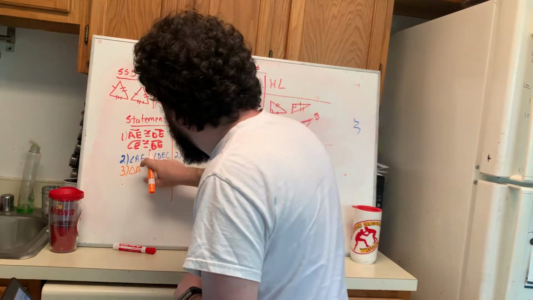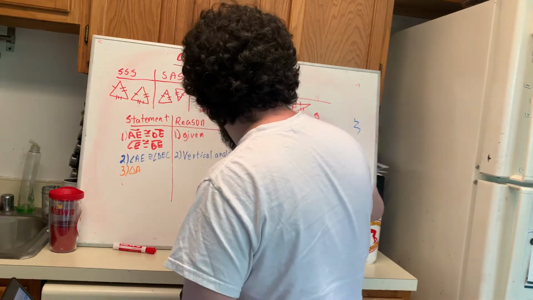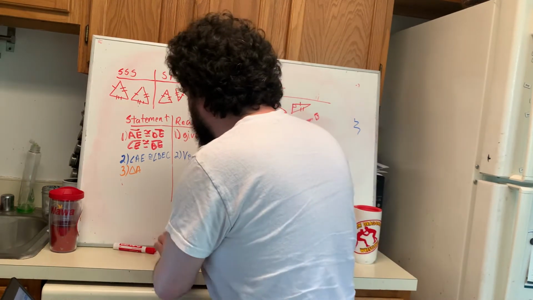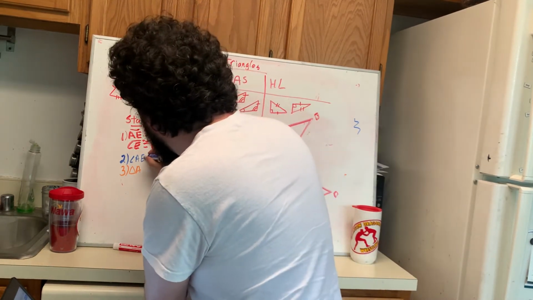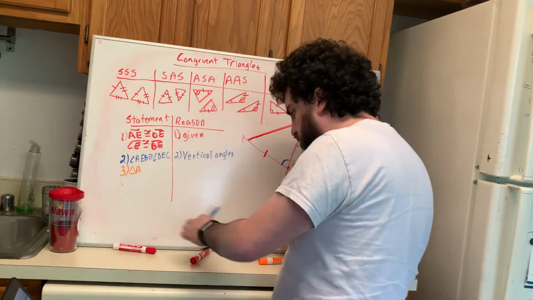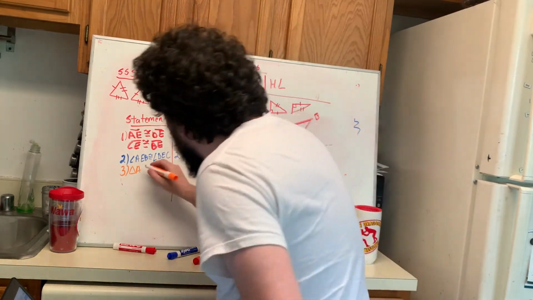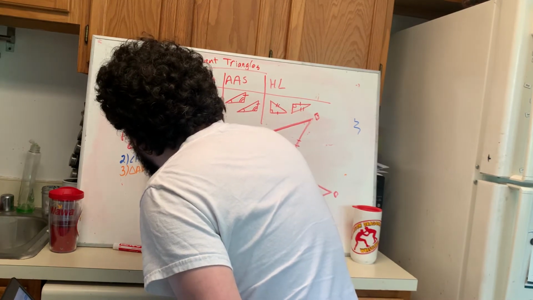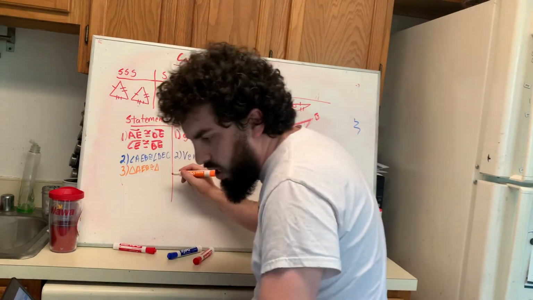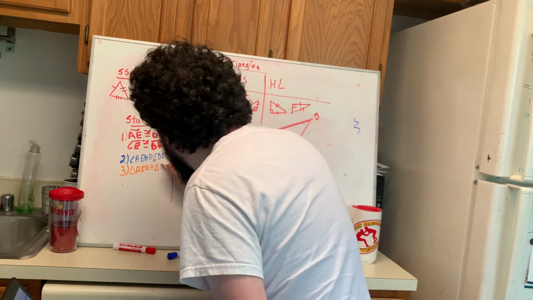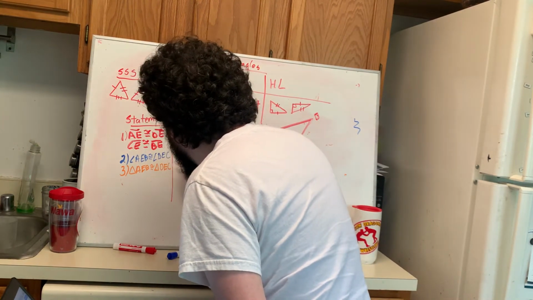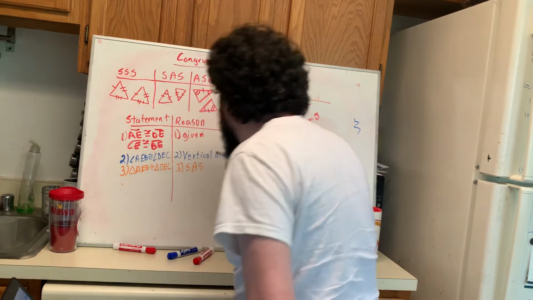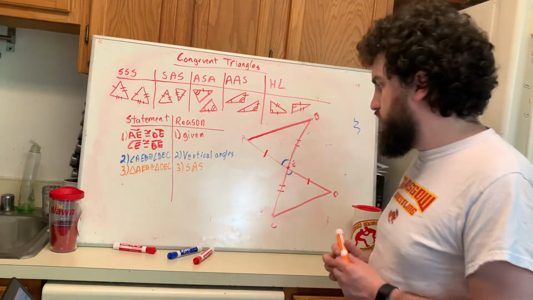Whoop, this should say angle AEB. I wrote a D there. That should be AEB. Sorry about that. So triangle AEB is congruent to triangle DEC. My rationale here is side, angle, side congruence.